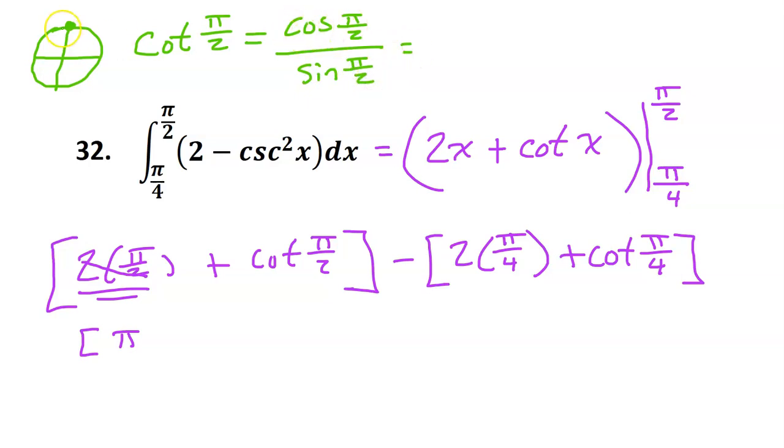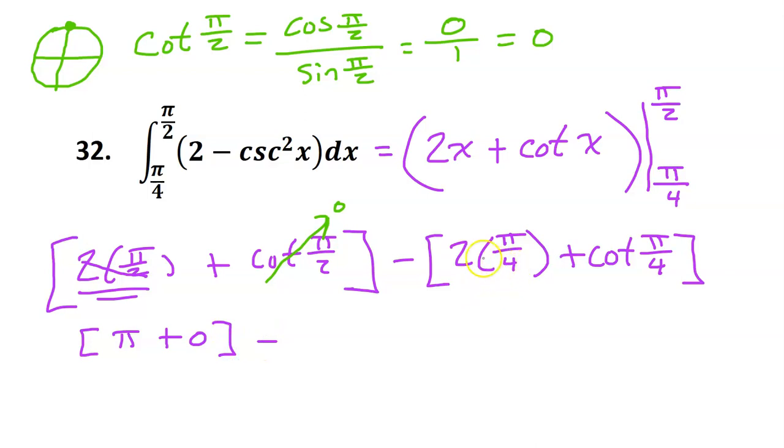And then cosine at pi over 2 is 0, while the sine of pi over 2 is 1. So that's just going to be 0. So this whole term right here is 0. So far I have pi plus 0.